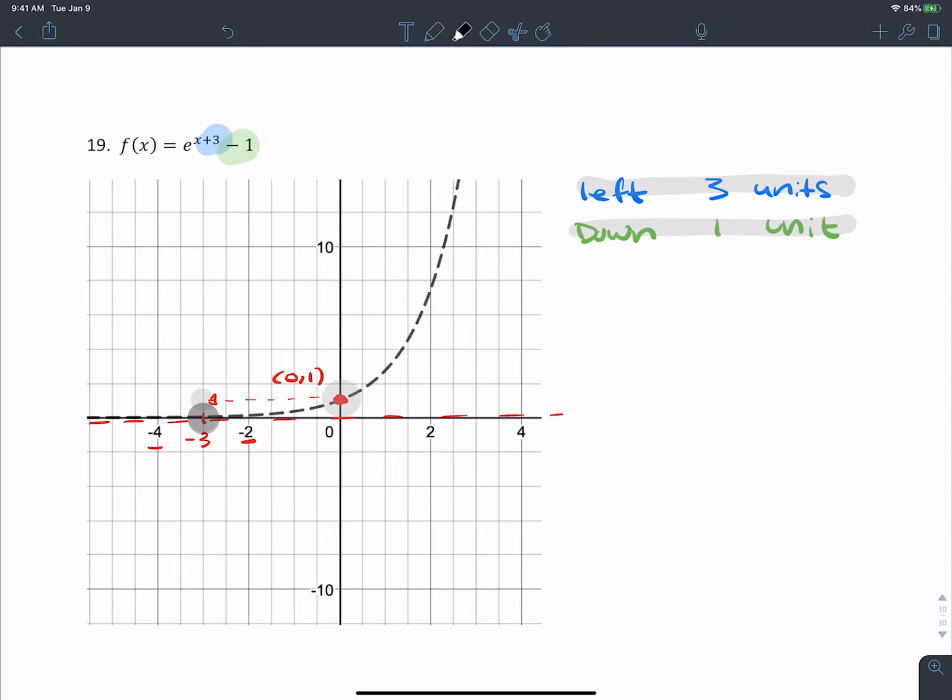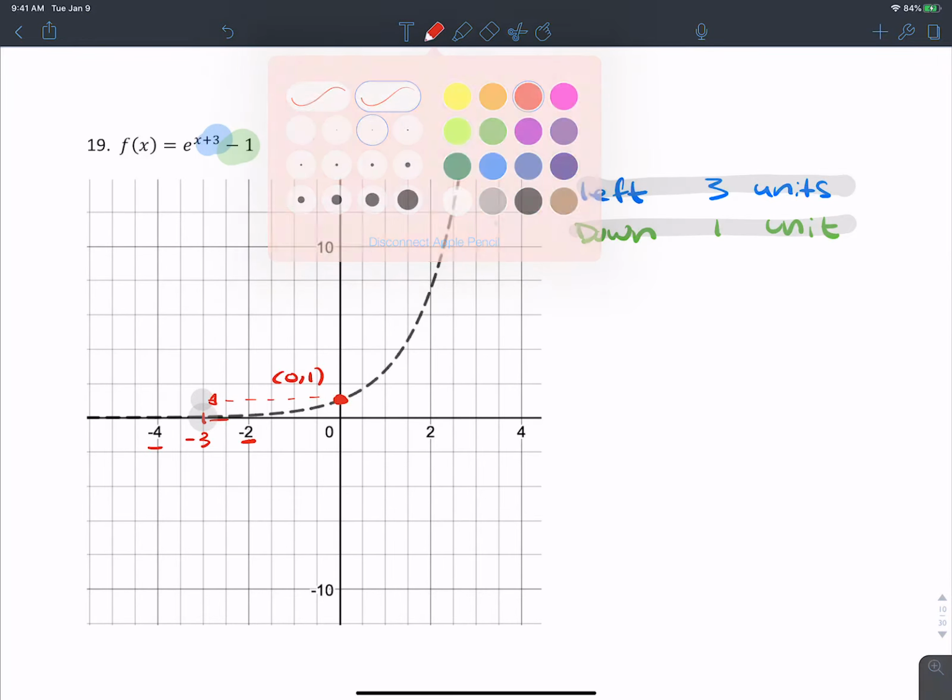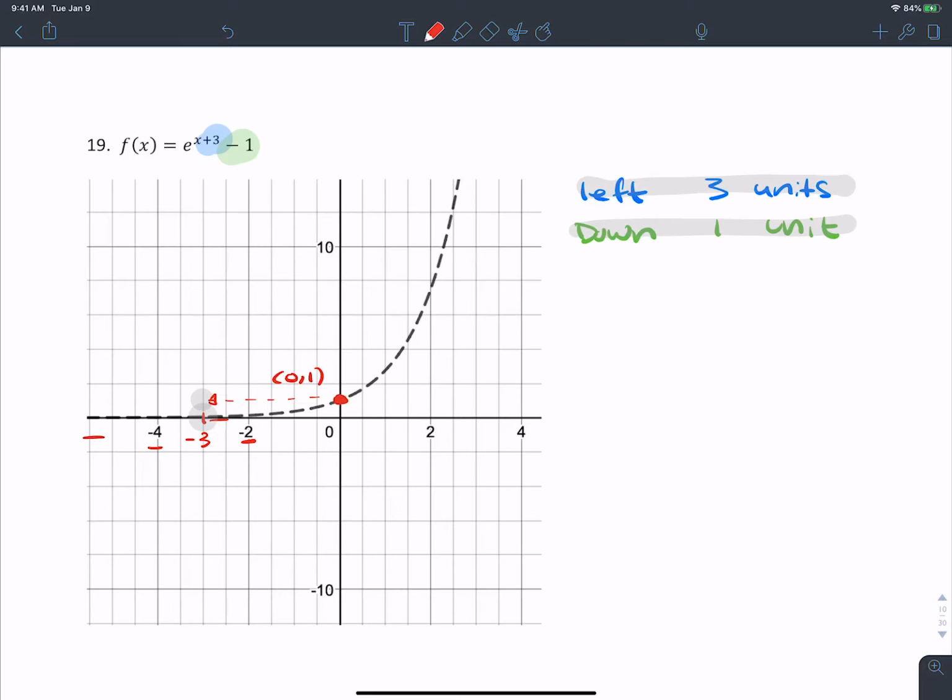But because I'm moving down, I'm also moving this imaginary x-axis down 1 unit as well. So I'm going to sketch here an imaginary x-axis. It's going to be down 1 unit. This will be the location I never cross. So let's double check.